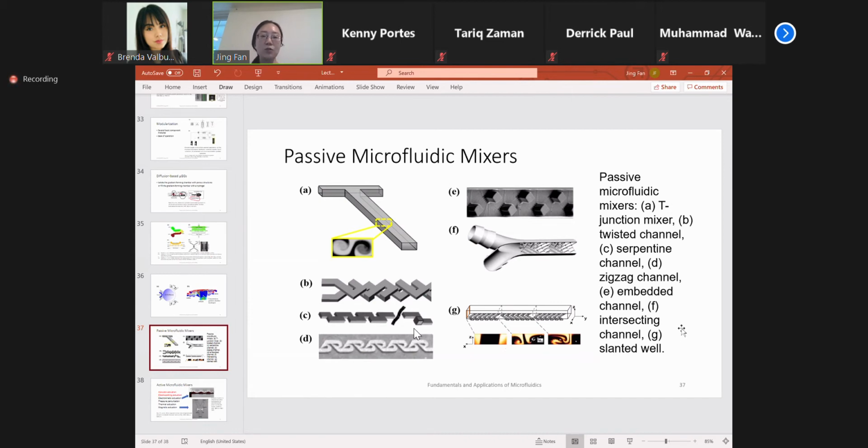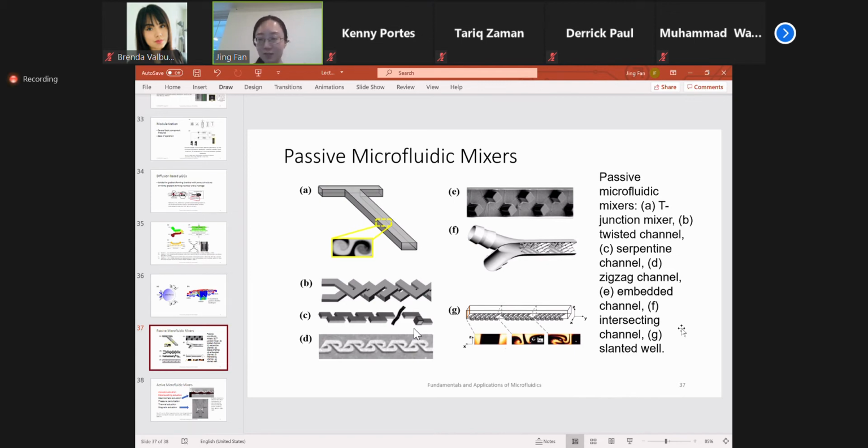In general, we classify microfluidic mixers into passive mixers and active mixers. Passive microfluidic mixers induce chaotic mixing of fluids by disturbing the fluid streams through unique channel structures. Their structure is relatively simple, and they have very low energy consumption.